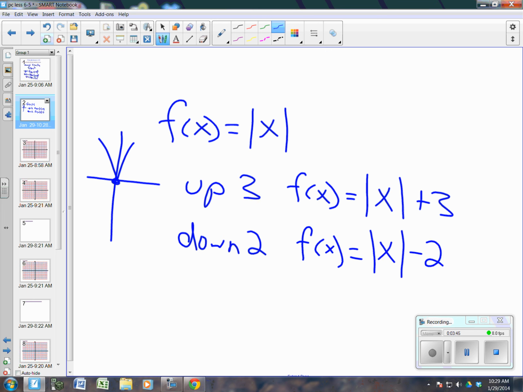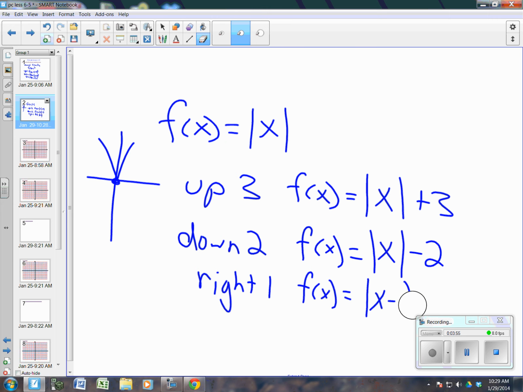How about right 1? Replace x with x minus 1. Whoops, no, it's x minus 1 that would move it right 1. Remember, horizontal shifts are in the opposite direction of the sign.